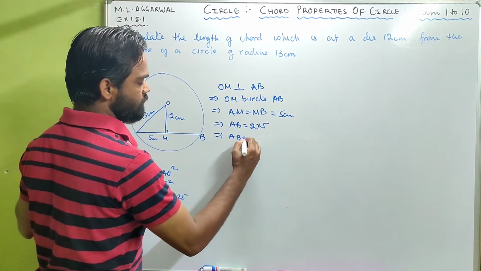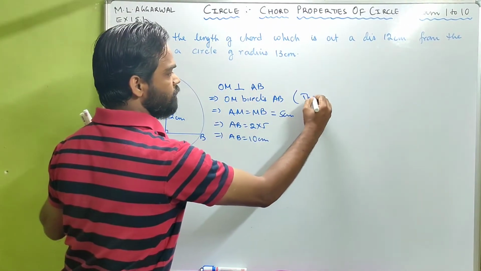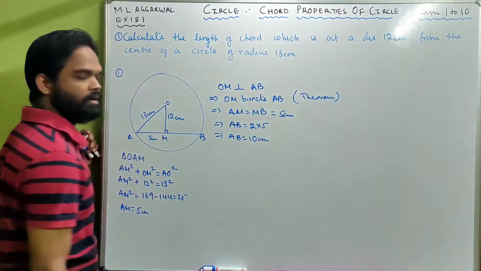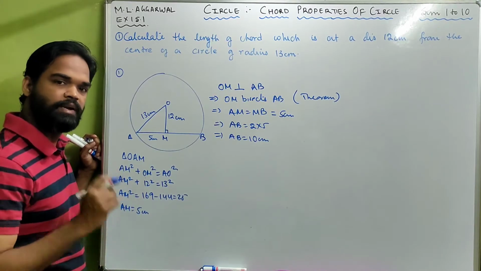So AB is 10 centimeter. Okay, write the theorem over here. Okay, now this was the first sum. Now let us look at the next sum.